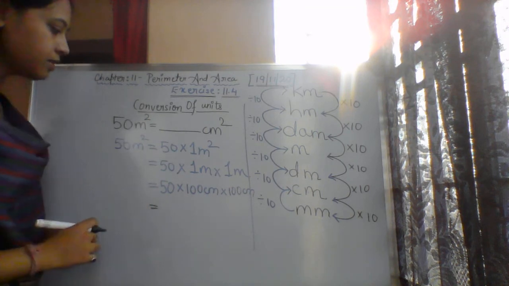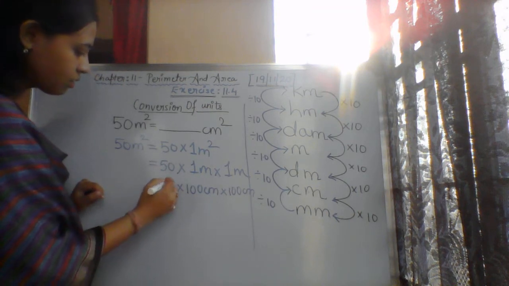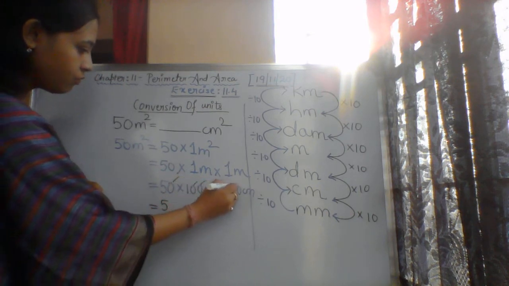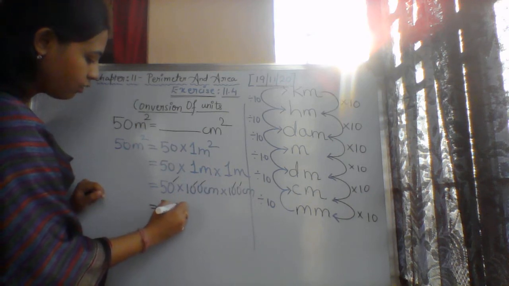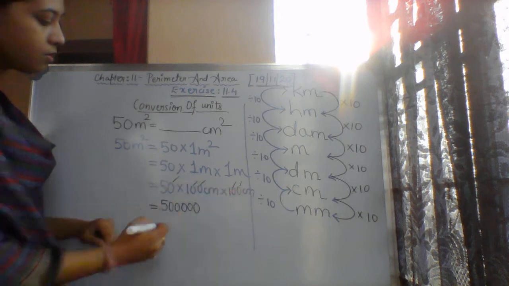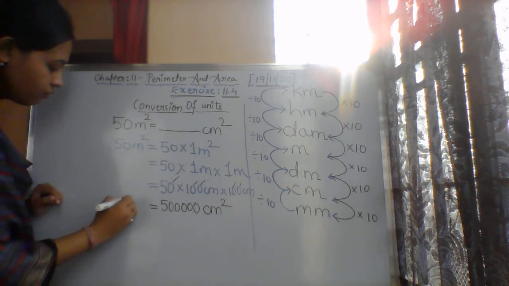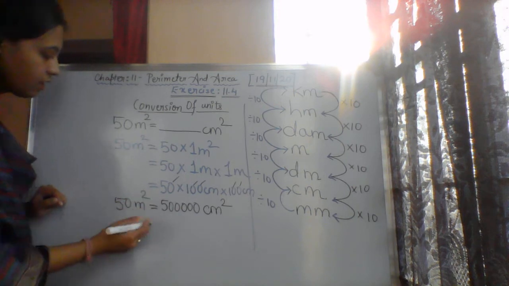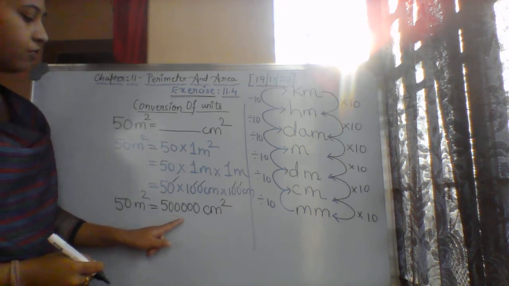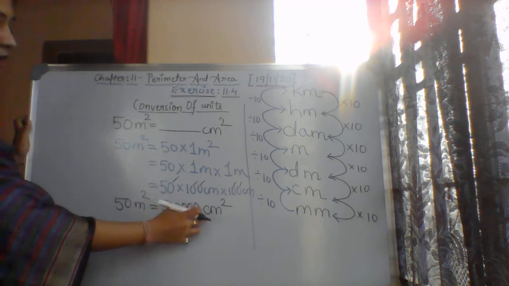So how much did we get? Multiply all the numbers. 5 ones are 5, and how many zeros? 1, 2, 3, 4, 5. And centimeter into centimeter, centimeter square. So we got 50 meter square equals to 5 followed by 5 zeros, centimeter square.